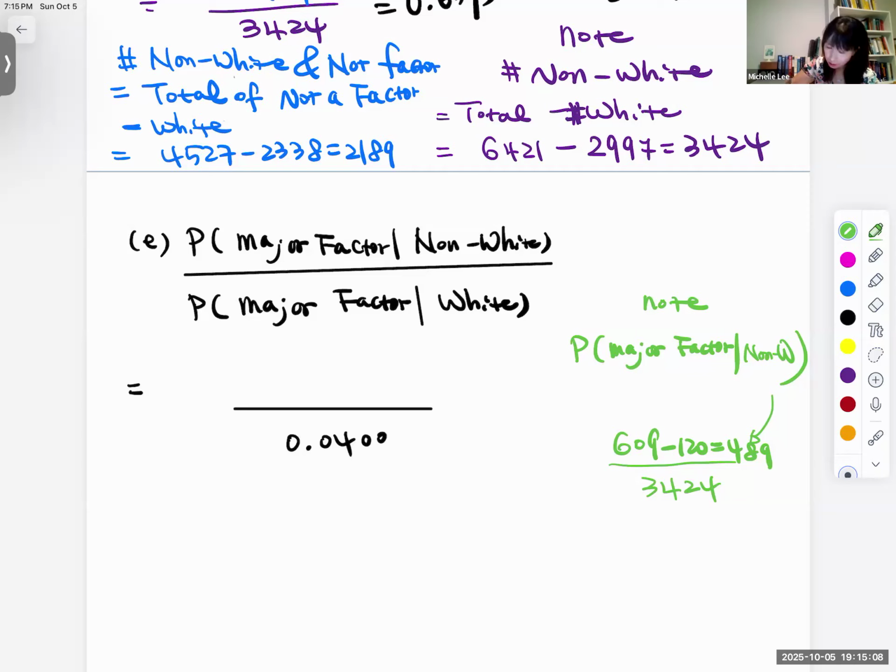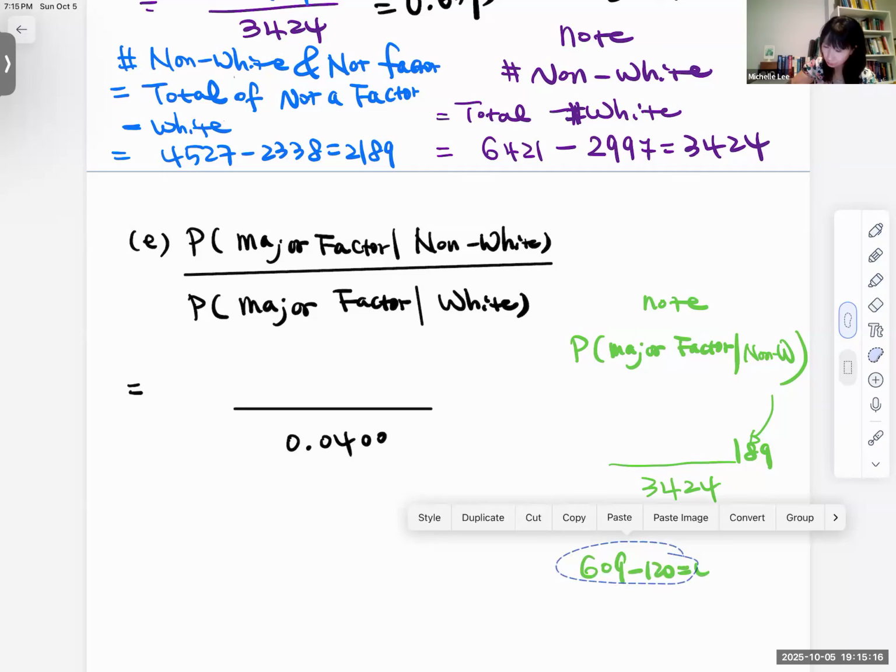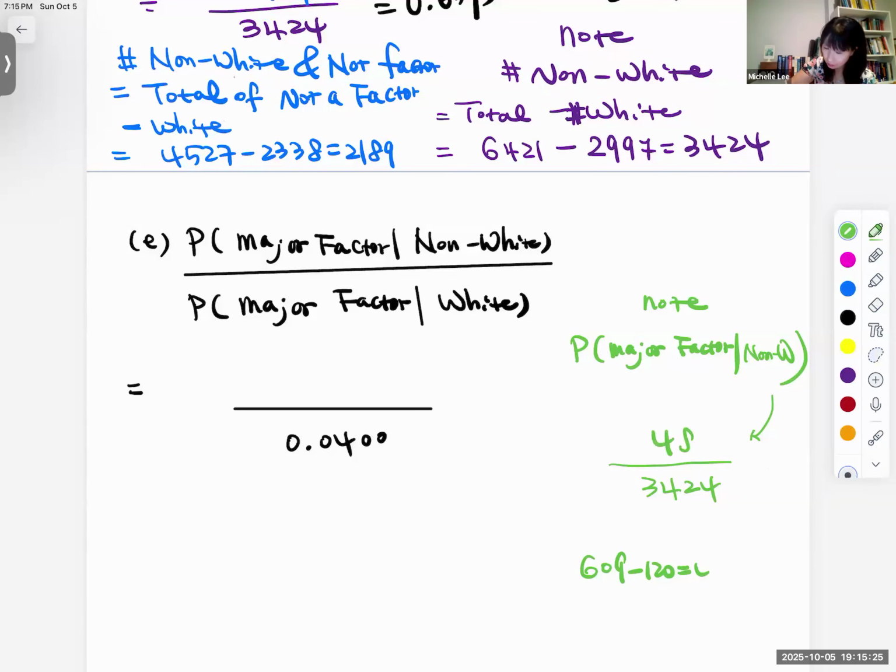Yeah, major factor, that's overlap, right? So, okay, how about this? I want to make a range a little bit. 489 overlap. Yeah, okay. That is non-white, right?